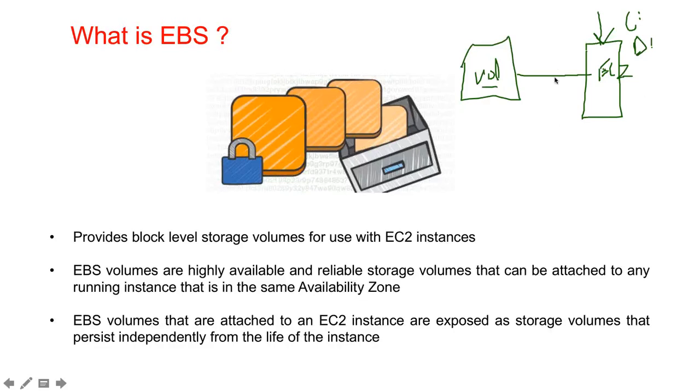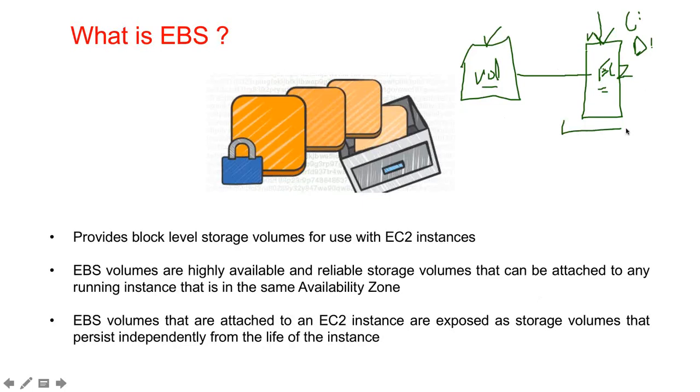So this volume would be attached to EC2, and it will appear that both these components are the same, which means that you will think that this volume is located in-house in your EC2, like we have in our desktops. However, it's completely different at the back end. Even though your EC2 instances and the volumes appear as a single entity, at the back end they run on separate pieces of hardware.